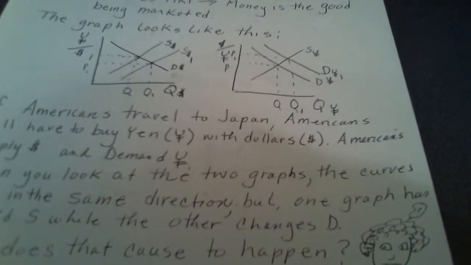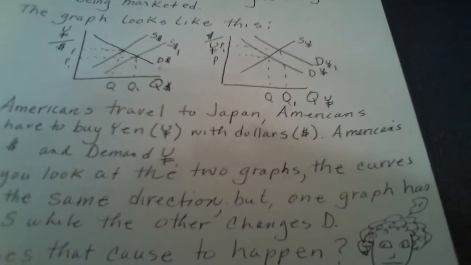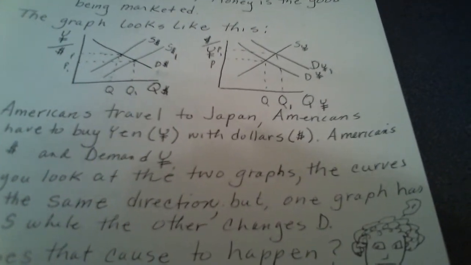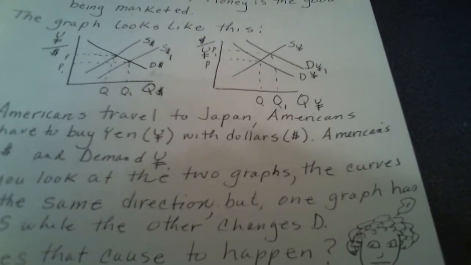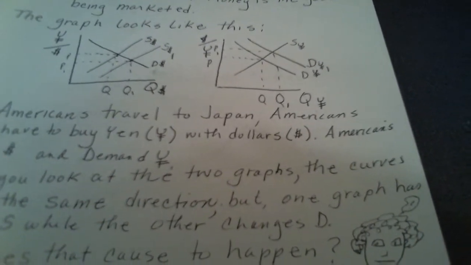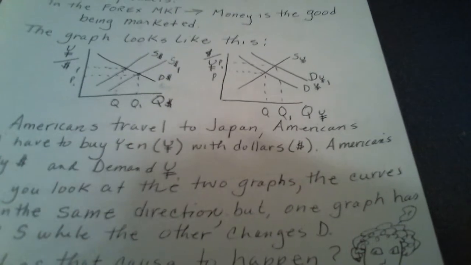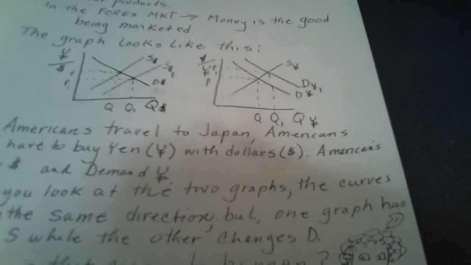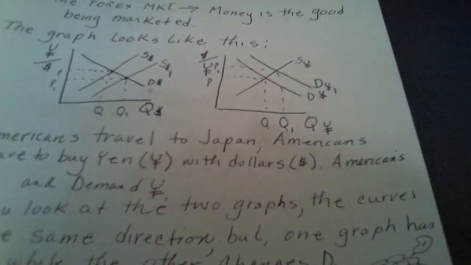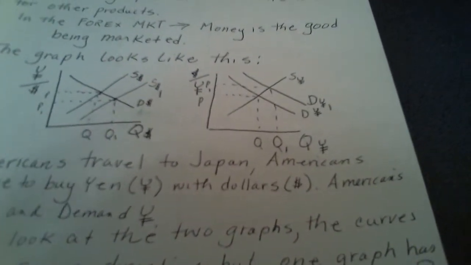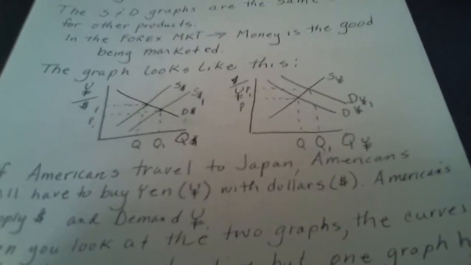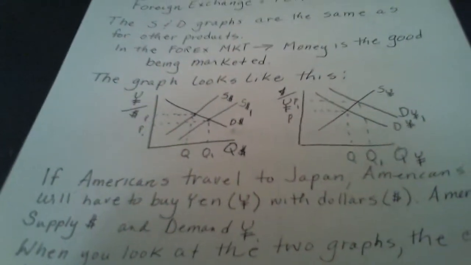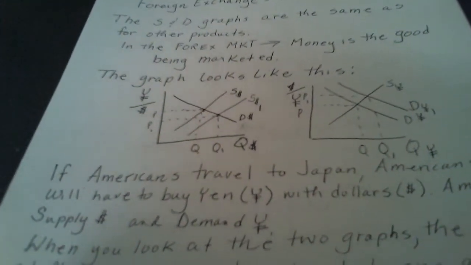Notice it's a two-part process. Increase in supply of one currency causes its depreciation. The demand for the other currency causes its appreciation. There is this constant change that's taking place in the market.